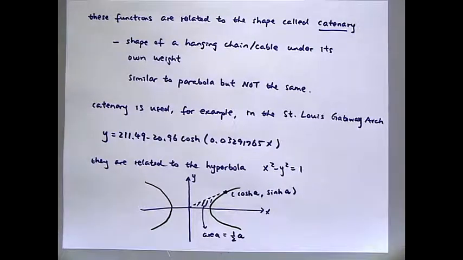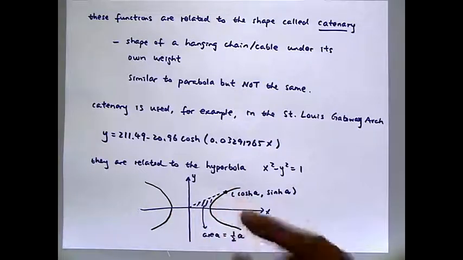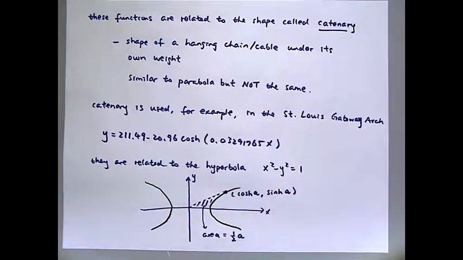Pick a random point on there, name that point hyperbolic cosine a, hyperbolic sine of a, and the area of this little region right here will be half of a. So it is related to a hyperbola in some way. Not terribly useful in most applications, but that's one property it has.